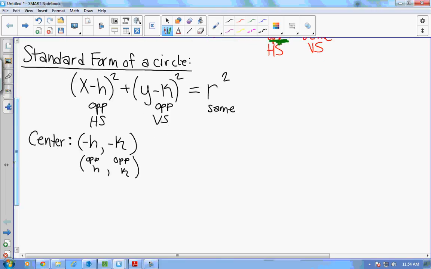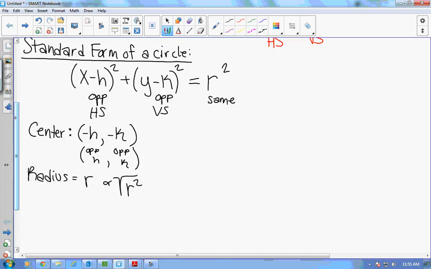And the r, what circle starts with an r? Radius. It tells us the radius. The radius is r. Or it's the square root of the r squared. Because at the end we have r squared. So to find the radius, you have to take the square root of it in order to find r.